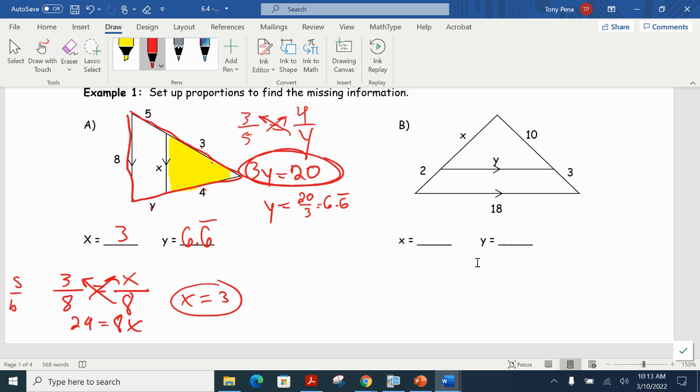So let's do y first. Let's set up your y first. You did the big bottom over the small bottom. So that's your puzzle. So you have big bottom over the small bottom. So that over that. So now you need to do a big right hand side over the smaller right hand side.